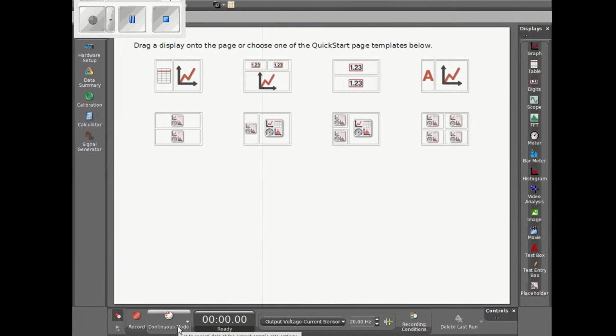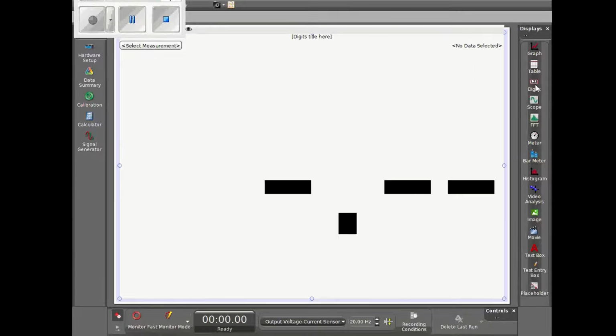Furthermore, we want to change the mode of data from continuous to fast monitor mode. And also we will add a digital display, one for the current and one for the voltage.